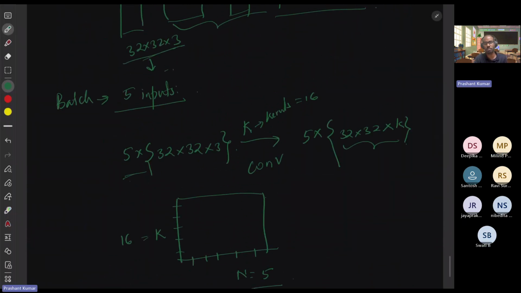No, in one training epoch, I am passing 5 inputs. So input is nothing but 5 images at a time, right? So the 1000 we have broken into batches of 5, that is 200 such batches, correct? Okay, clear.